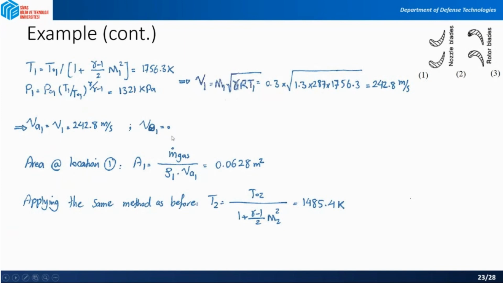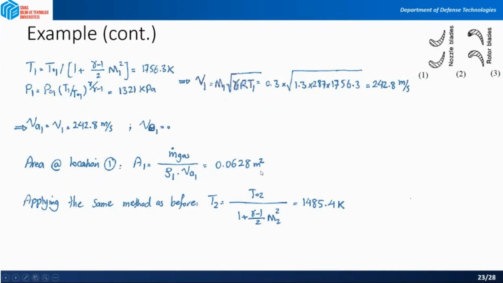So V theta 1 is 0 and your V1 is 242.8 meters per second. At location 1, the upstream of your nozzle or stator blades, you can write the mass flow rate relation. M dot is rho V times area. So you will calculate the area at the inlet.